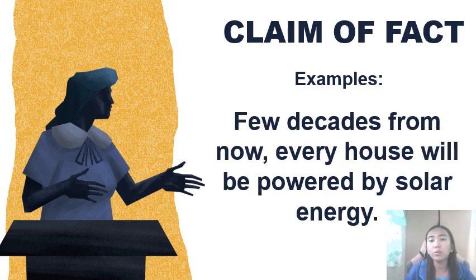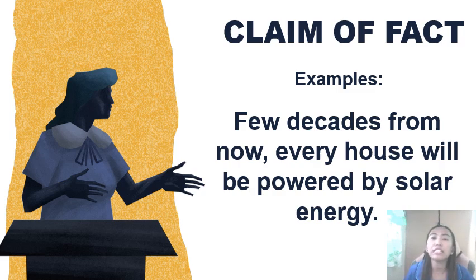Last example would be: few decades from now, every house will be powered by solar energy. So why do you think it is a claim of fact? Because there are instances that there are houses that are powered by solar energy, right?